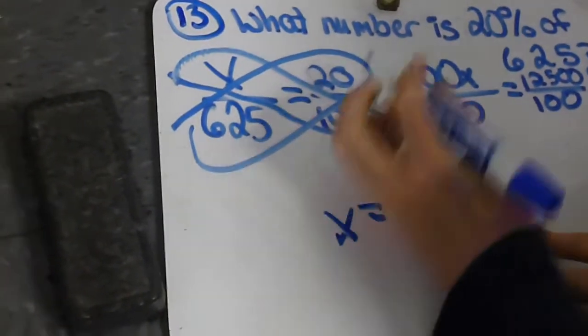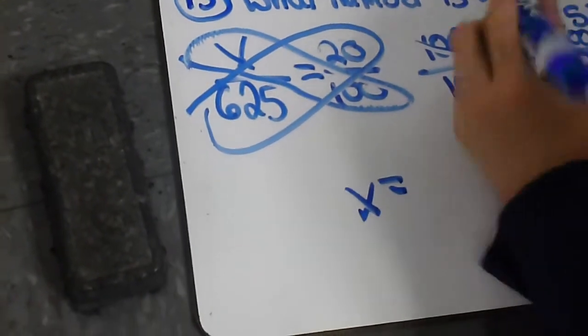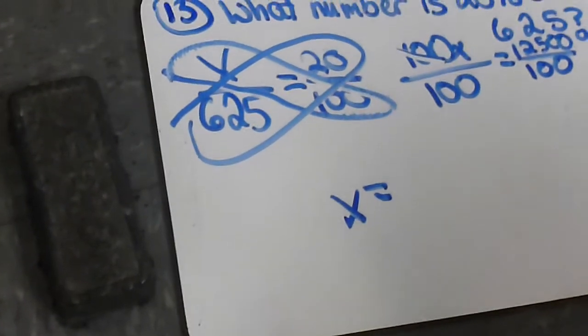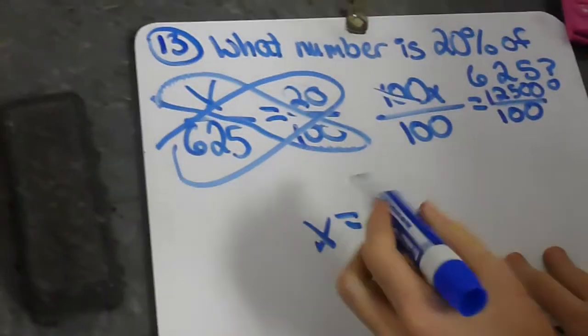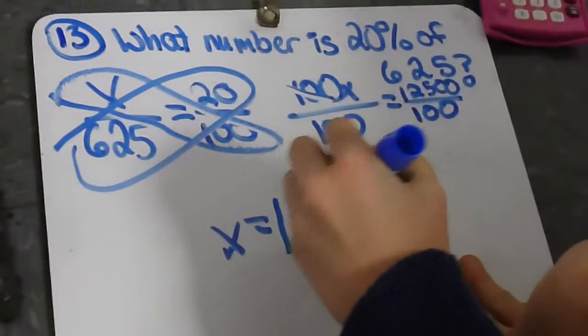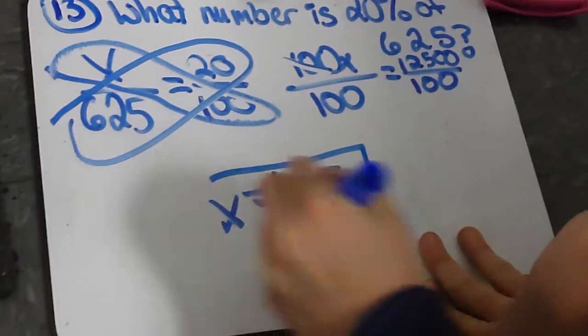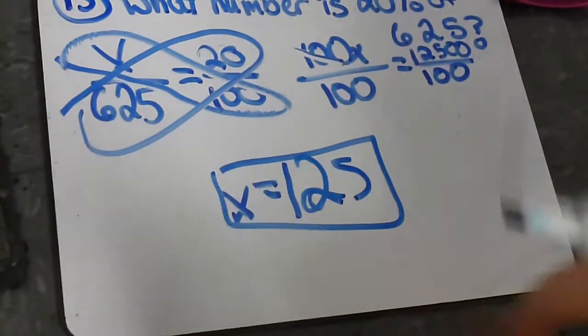So 100x divided by 100 would equal x, so we put our x there, and then we put x equals 125. So that's the answer.